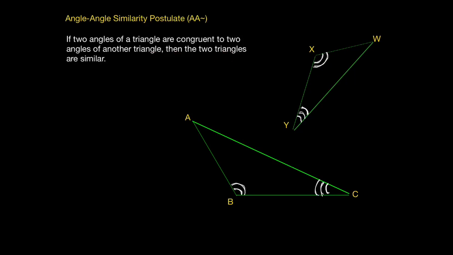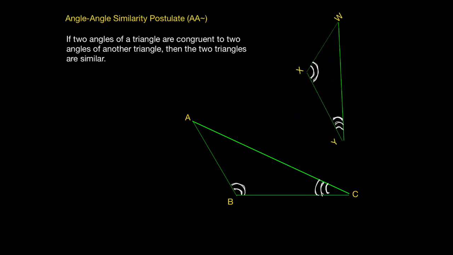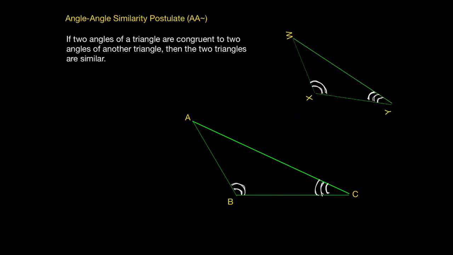With these problems, what I usually like doing is having my triangles facing the same direction. So I'm going to grab the smaller one and rotate it so that it is facing the same direction as that bigger triangle. By doing this, it's easier to see which angles correspond and which sides correspond. So here A corresponds to W, B corresponds to X, C corresponds to Y. So let's check out the angles.